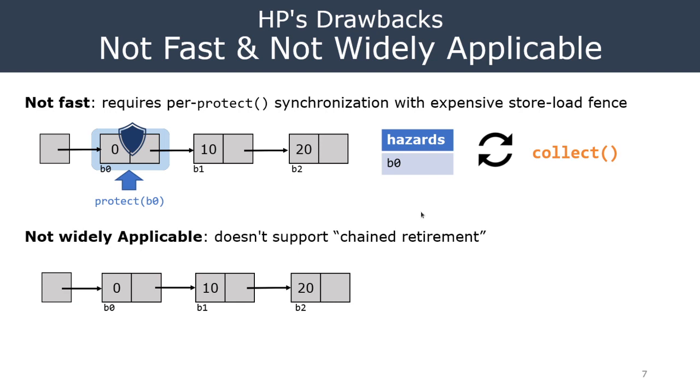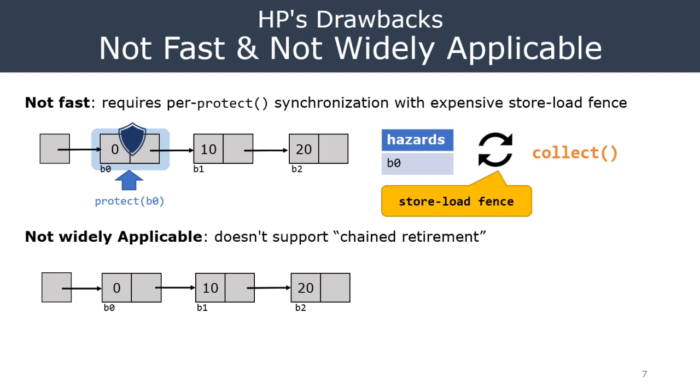And in order to do so, this protect function and this collect function need to synchronize with each other. And that synchronization is achievable only with the very expensive fence in the current hardware. That's the reason why hazard pointer is usually not very fast.